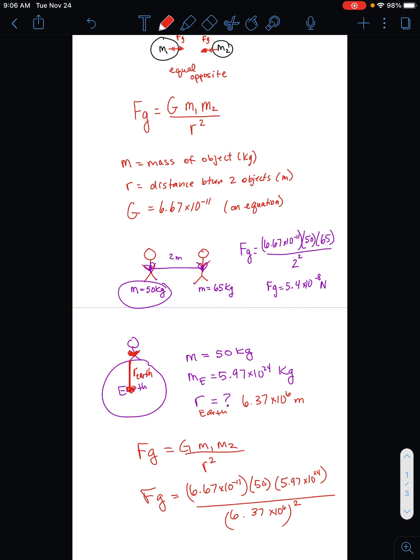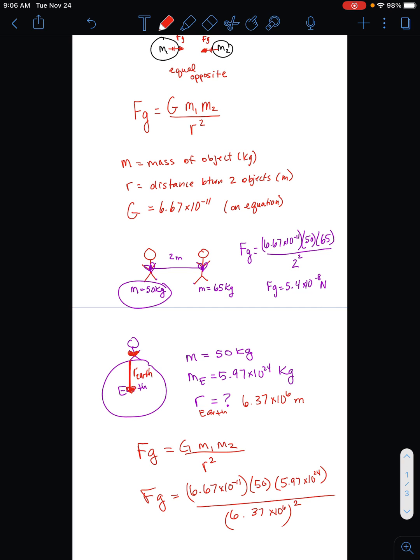6.67 second E, that capital E should be showing up on your screen, negative 11 times 50 times 5.97 second E 24, and then I hit enter and I find out what that answer is, and then I do divided by parenthesis 6.37 second E 6 parentheses squared.